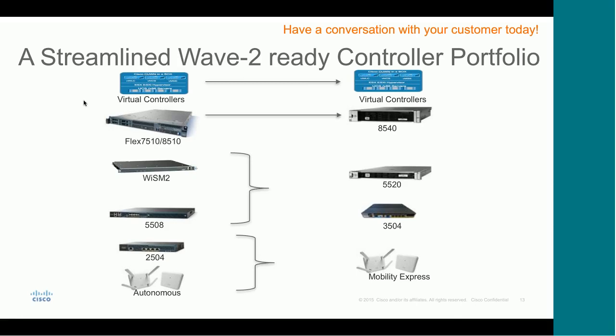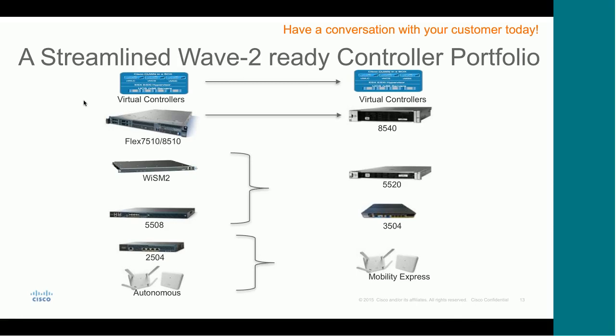So we give customers a wide portfolio of controller-centric options, from the autonomous APs in the past with Wave 1, which were basically just your dummy boxes. The only thing they could really do is just connect to that controller and provide Wi-Fi. Now over to Mobility Express.